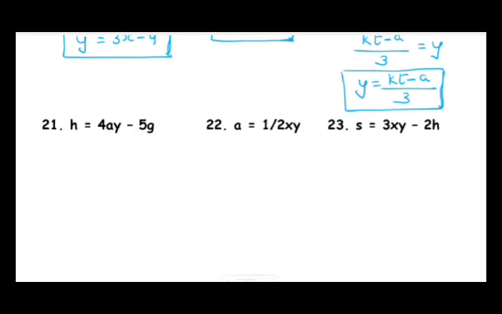Here we have h is equal to 4ay minus 5g. So let's take 5g on the other side. So minus 5g becomes plus 5g is equal to 4ay. Separating 4 and a from y, hence it will go in the denominator.